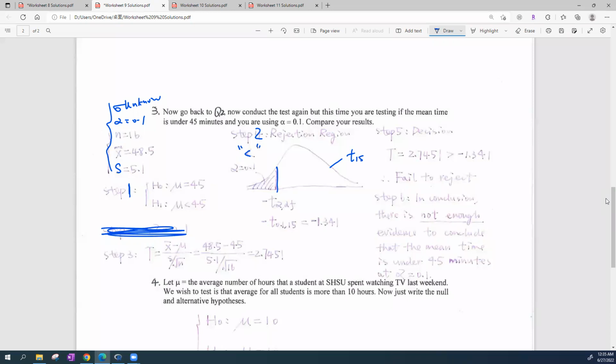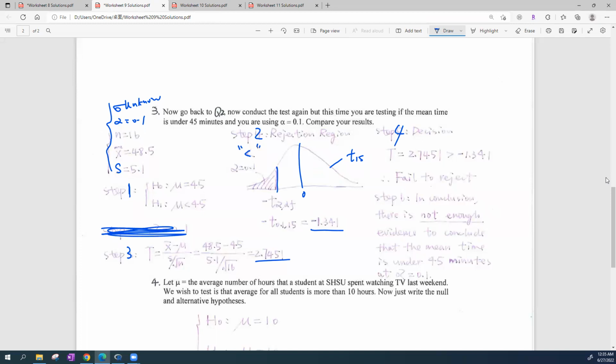So we got negative t sub alpha, because t sub alpha means to the right you have 0.1, and because T is also symmetric around 0, we can still take the negative of the checked value, and that's negative 1.341. In step 3, we calculate the test statistic. Step 4, decision. The test statistic is 2.7451.